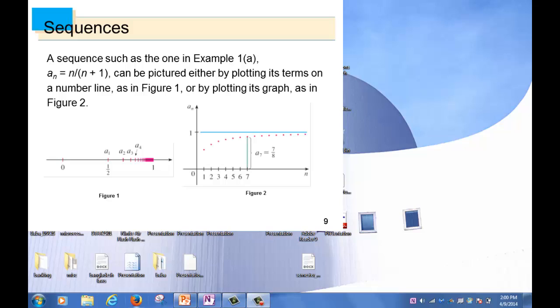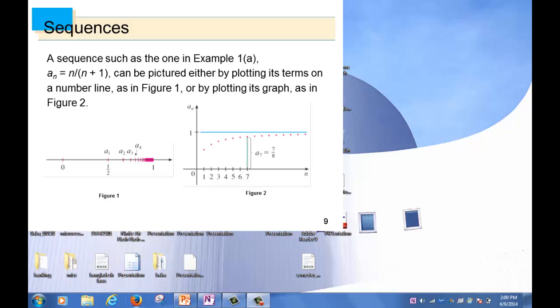Now, the limits of sequences are much simpler than the limits of functions. The reason is, when we talked about limits of functions in Calc 1, remember limit x goes to 2, x goes to 3, x goes to 2 from the left, 2 from the right, x goes to infinity, x goes to negative infinity, right?